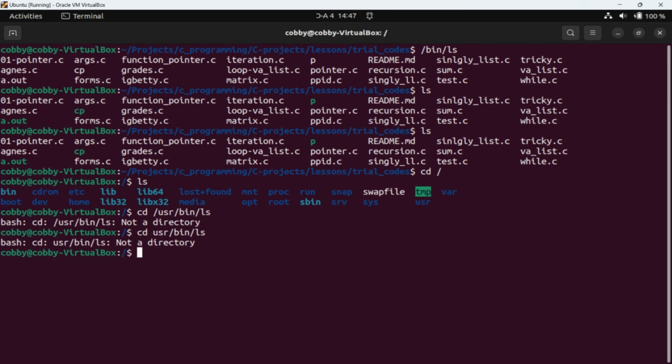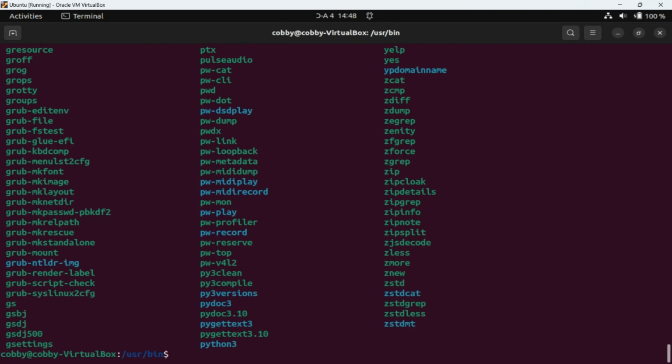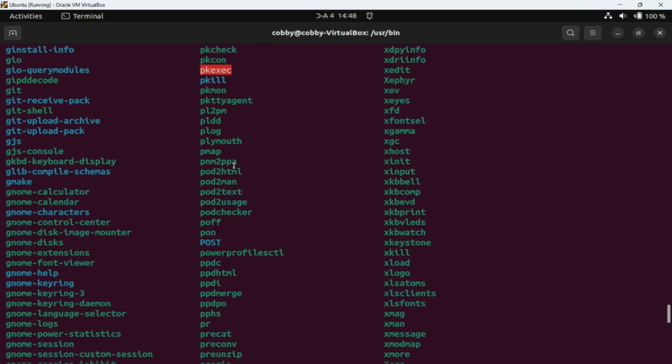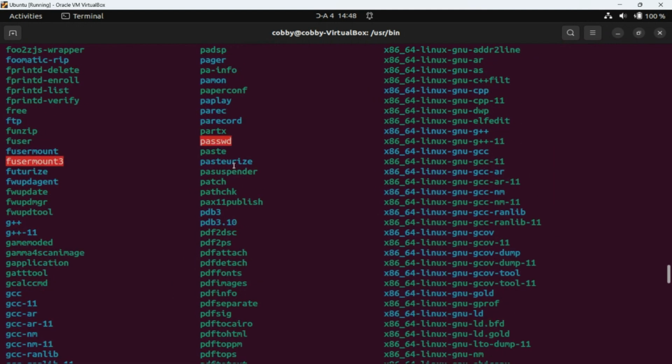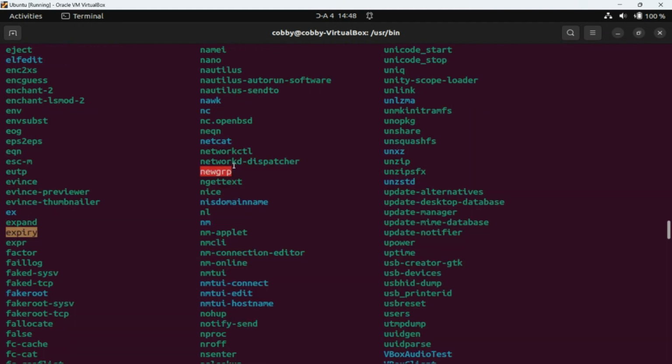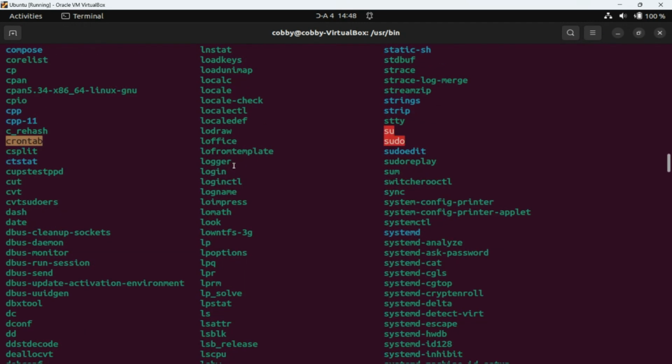Okay, so I'm trying to open ls, but it's a program. So let me enter the bin directory. When you list here, all these are programs. That's what I want you to understand. If you want to find ls, you are going to find it here because it is a program in the operating system. So this is what happens.